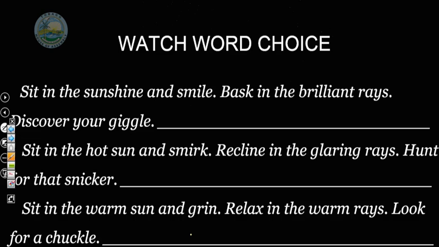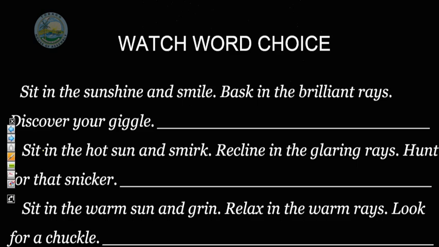Interestingly, as we look at all three of them, and they ask you to be able to identify the writer's tone, you have to be able to pay attention to the word choice. What are the words used by the writer?